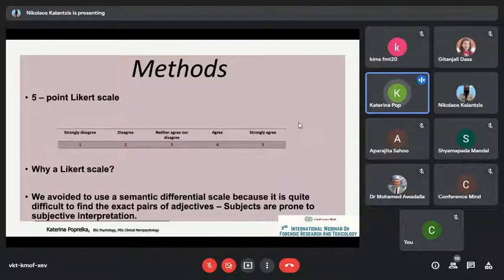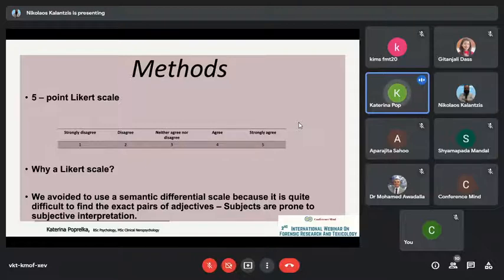For the purpose of our study, we used a 5-point Likert scale. The 5 points were as follows. 1, strongly disagree, 2, disagree, 3, neither agree nor disagree, 4, agree, and 5, strongly agree. But why did we choose a Likert scale? Well, there are plenty of reasons.